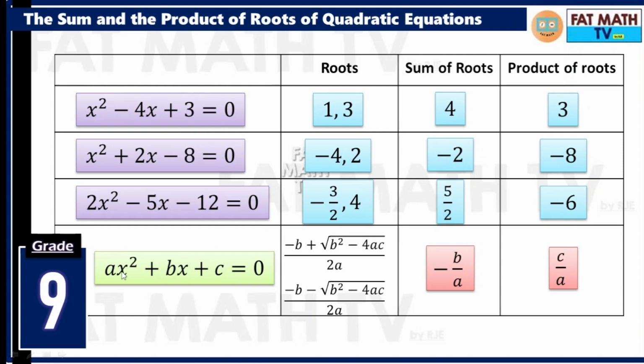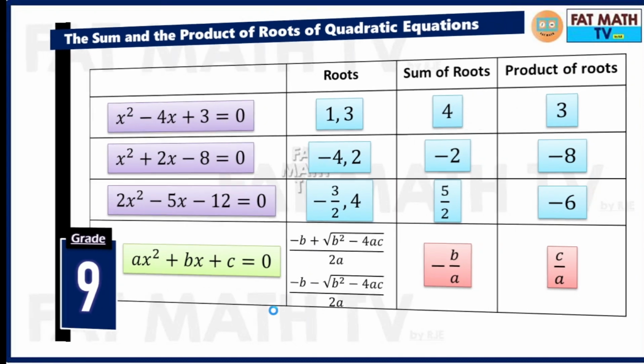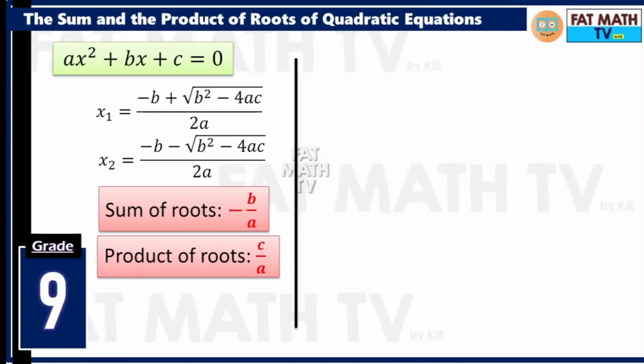So the roots of this quadratic equation ax squared plus bx plus c equals 0 is negative b plus or minus square root of b squared minus 4ac over 2a, negative b plus square root of b squared minus 4ac over 2a and negative b minus square root of b squared minus 4ac over 2a. Okay, let us derive that.